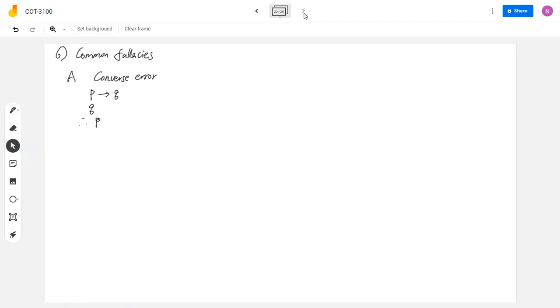The example is: if tomorrow is Saturday, then we don't have class. And the second assumption is we don't have class tomorrow.